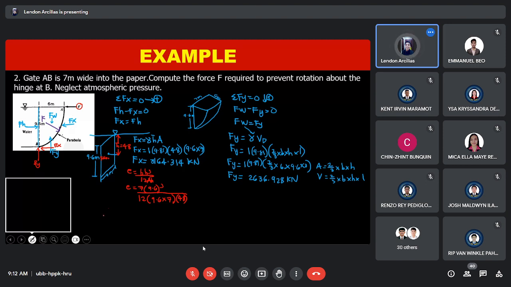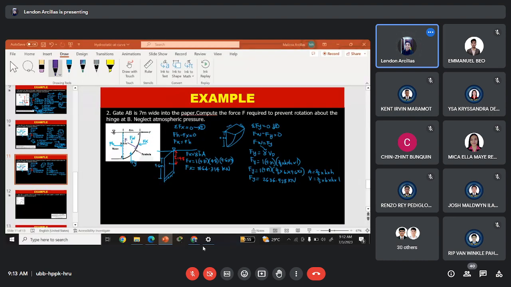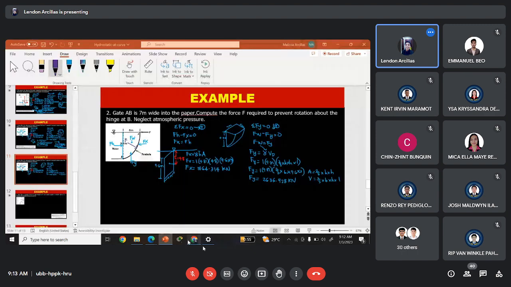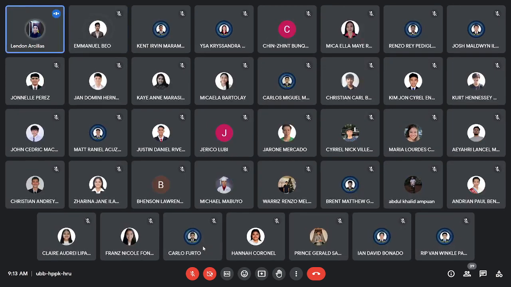Teka lang nga, naglo-load ang aking... teka lang. Excuse. Paano ba ito?